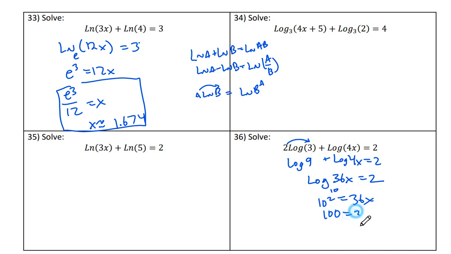So 100 equals 36x. So divide by 36. You can get approximately 2.778. If you just wrote that as a fraction, when you do 100 divided by 36, you get 25 over 9 exactly.